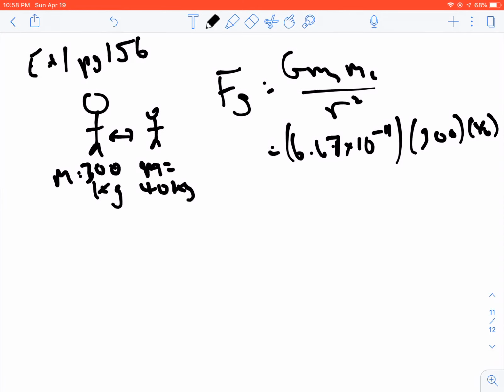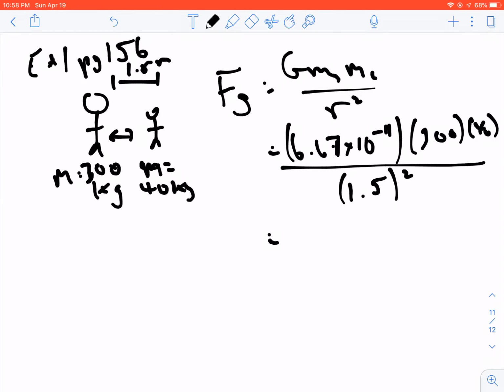Oh, the question tells me their separation distance is 1.5 meters, from the center of the sumo to the center of the gymnast. And if you put all those numbers into your calculator, you should get a gravitational force of 3.6 times 10 to the negative 7th newtons.